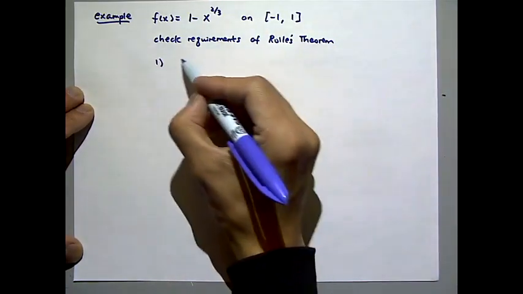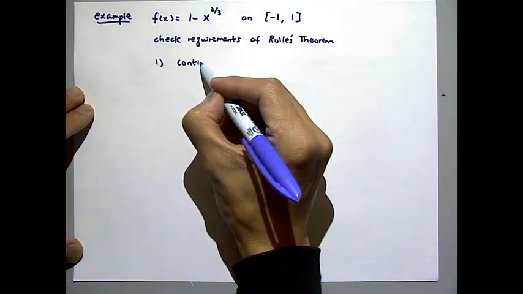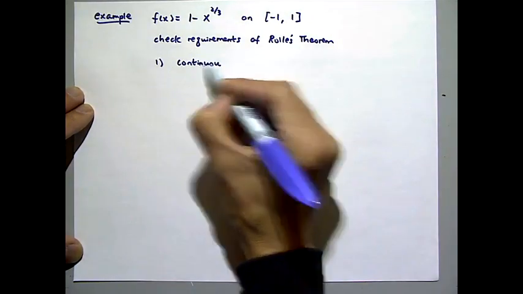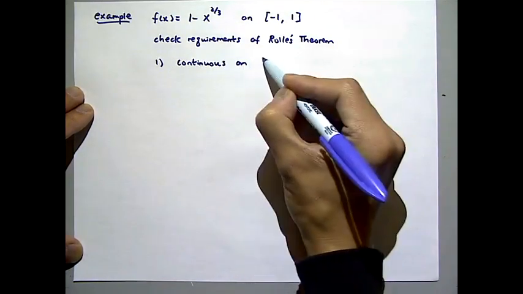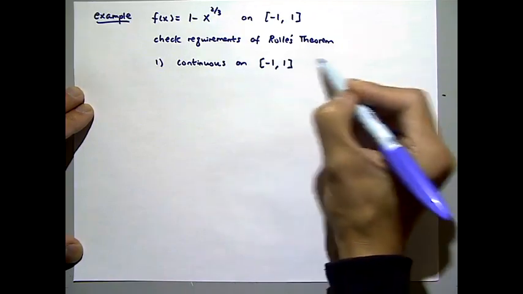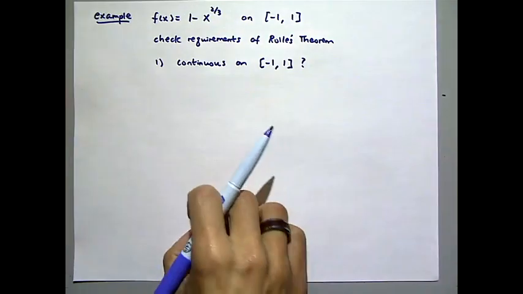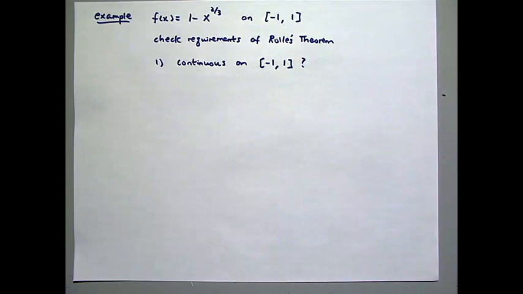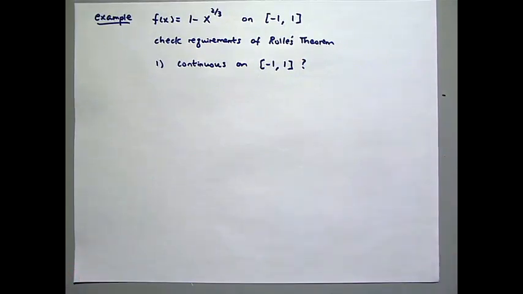First, is this thing continuous? All three requirements have to be met. If any one of those is not met, then Rolle's theorem cannot be used to guarantee that at least one location with a flat tangent line.